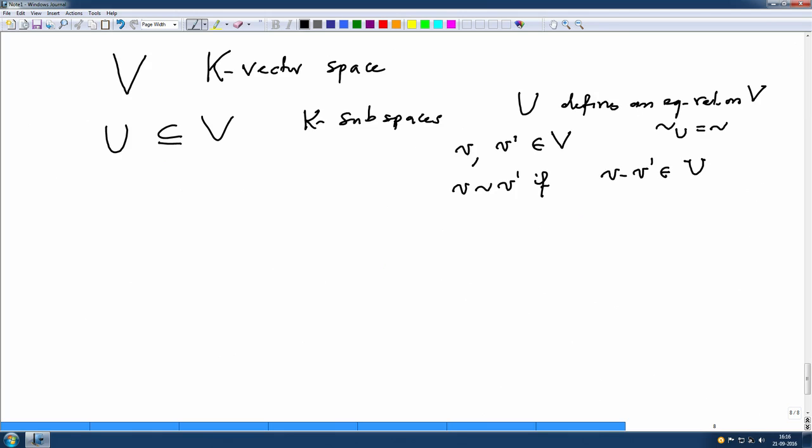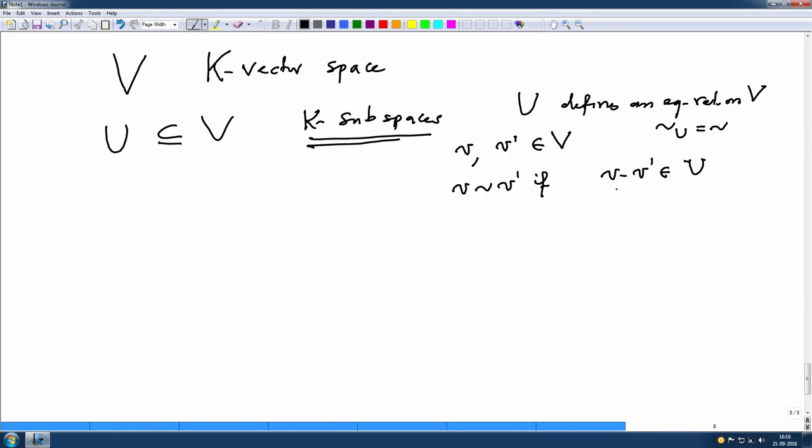Now let us check orally that this is indeed an equivalence relation. Remember, U is a subspace. First is reflexivity, that is V related to V, but then V minus V is 0. All that you need to check is 0 belongs to U, but that is part of the definition of a subspace.